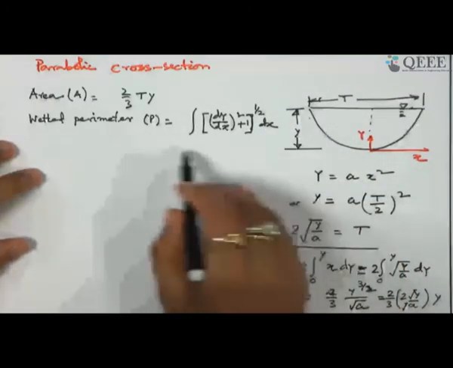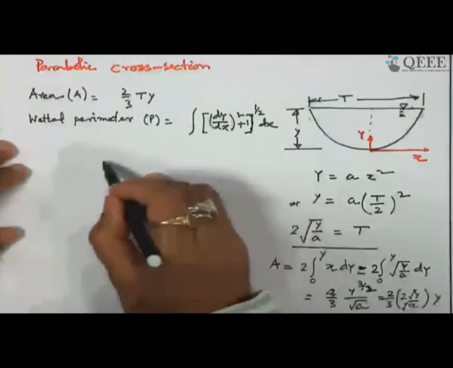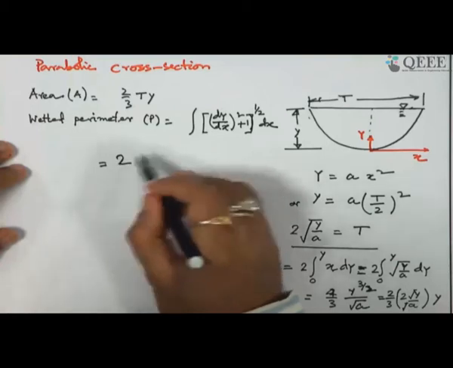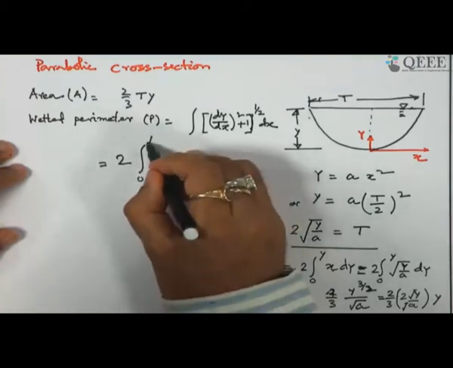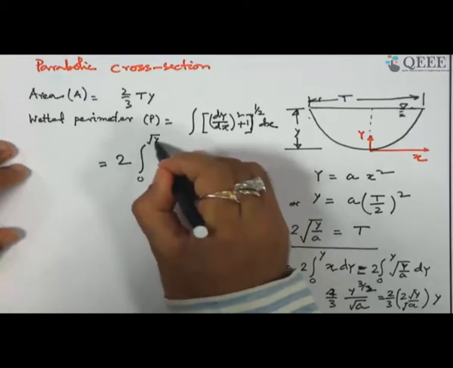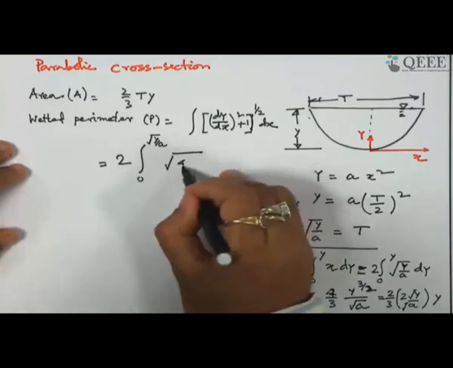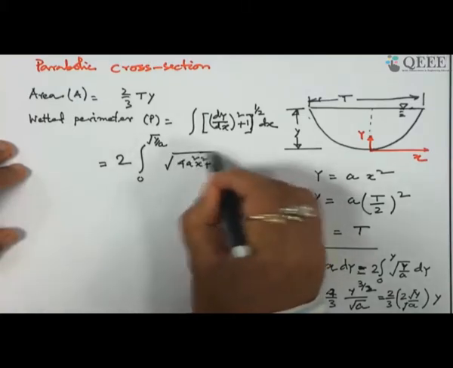If we integrate this, we can get something like the integral of root over 4 a square x square plus 1 dx.